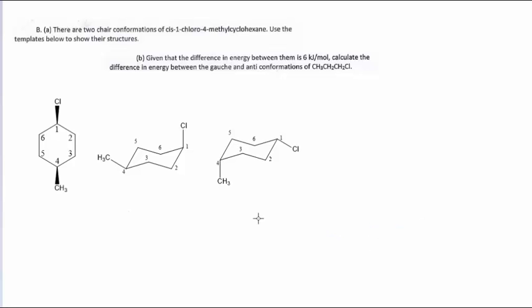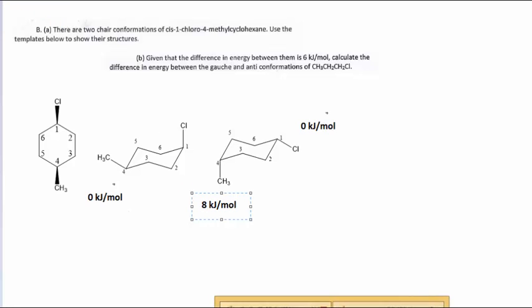So again, equatorial components, this methyl group and this chlorine over here, don't contribute any strain, but we know that the methyl, when it's axial, contributes 8 kilojoules per mole, but we don't know what the chlorine contributes when it's axial. We know the energy difference between these chair conformations, but we don't know the energy of the chlorine. That's one of the things we're solving for.